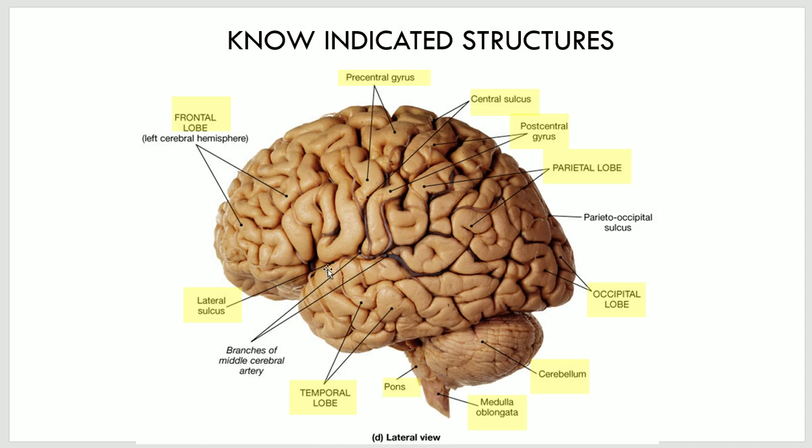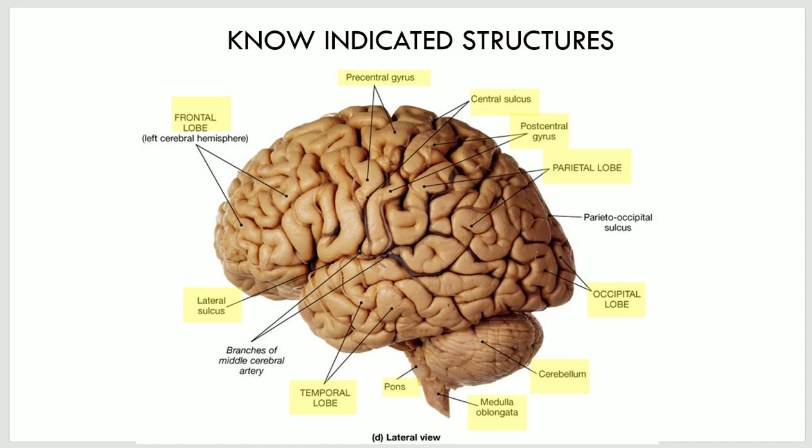We also have this lateral sulcus right here. So the lateral sulcus always has an artery laying in that groove. So it should be relatively easy to pinpoint, especially on an actual brain that you are looking at. Central sulcus right up here is a groove from the top all the way down to the lateral sulcus.